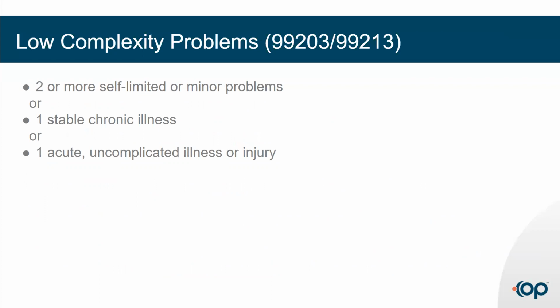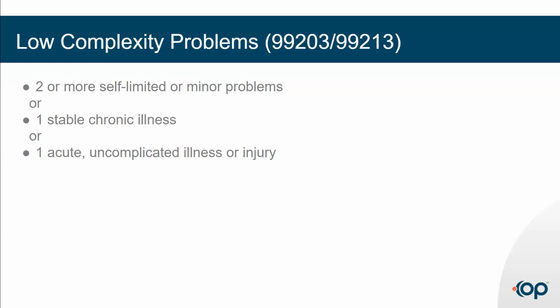For a low complexity visit, or a level 3 visit, 99203 or 13, it is either 2 or more self-limited or minor problems. So you can take those sniffles and insect bite we talked about on a level 2 visit and you get to a level 3. This is the only time that adding these up matters. If you have 8 self-limited problems, it is still a low complexity visit.